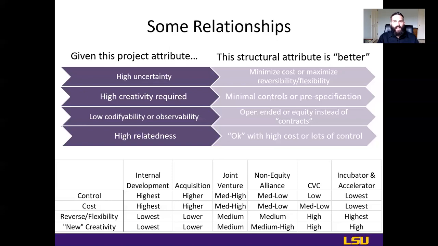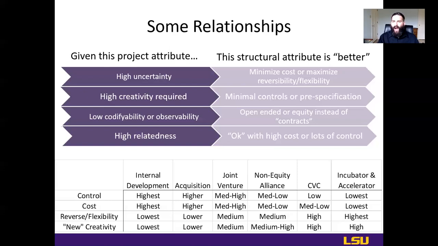So at the bottom, I've just provided a pretty basic mapping of how certain ways of either collaborating or more broadly pursuing new ideas fall along our new project attributes.